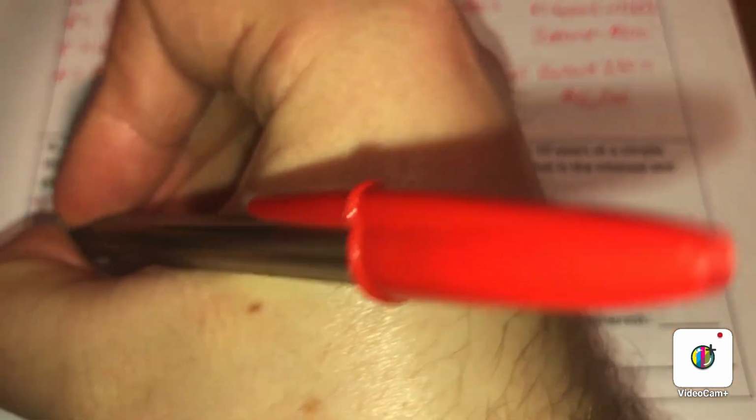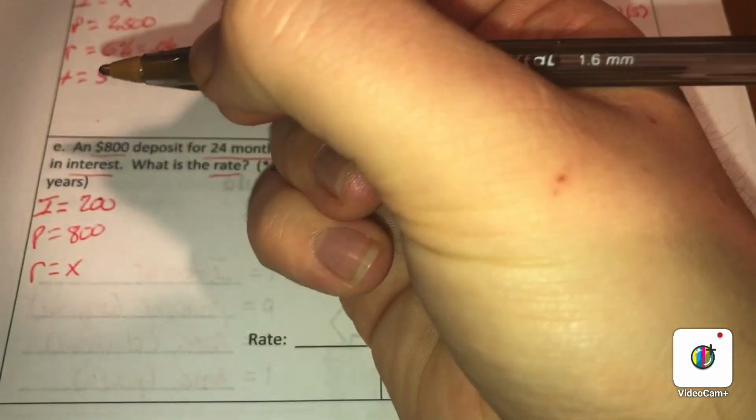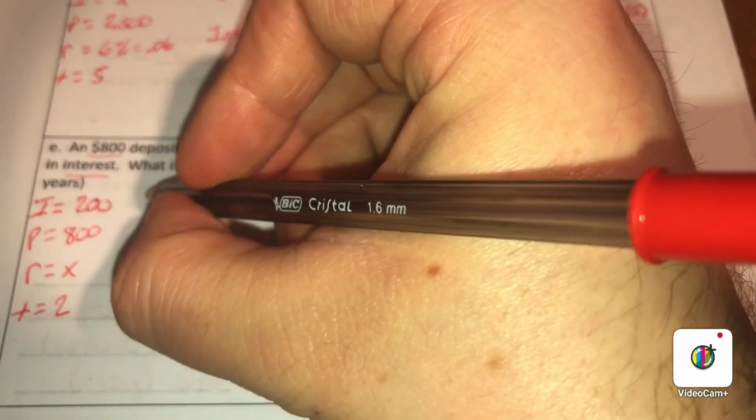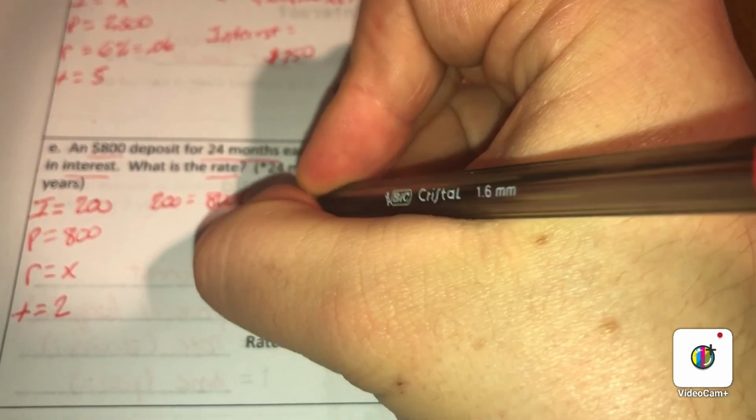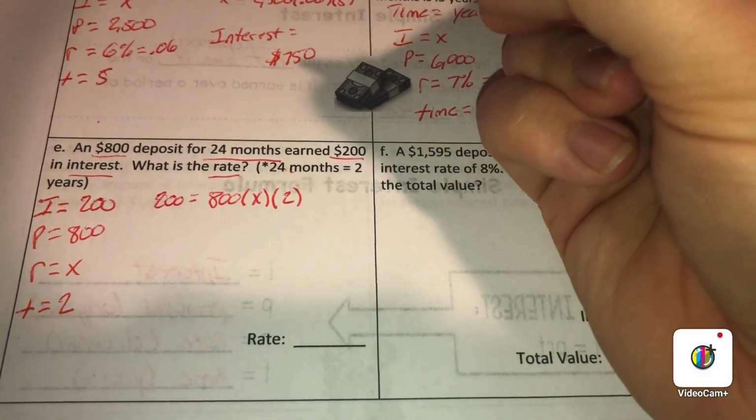The principal amount was $800. The rate is what we're looking for this time. And the time was 24 months, but that is equal to 2 years. So 200 equals 800 times x times 2.